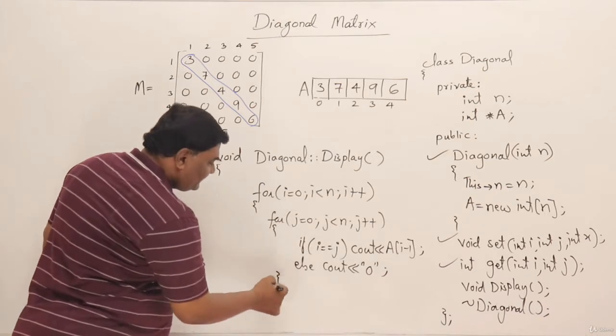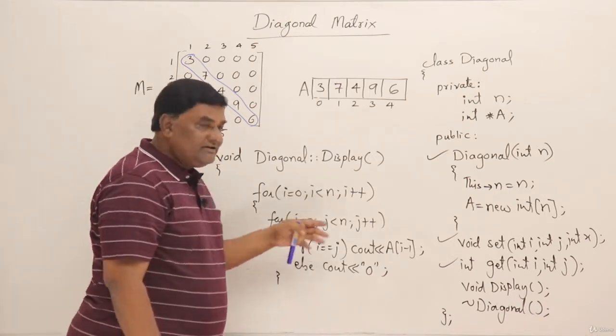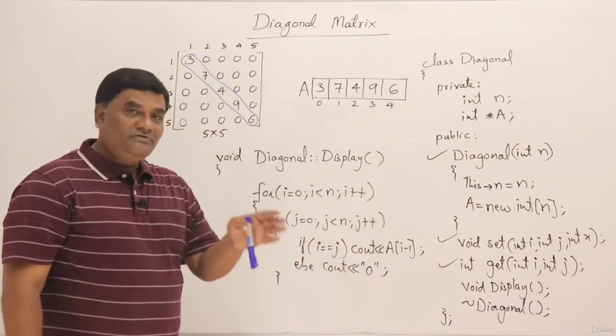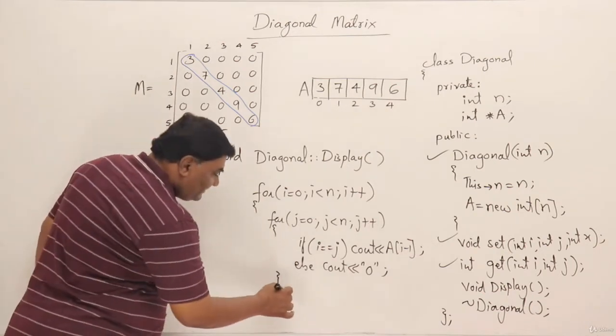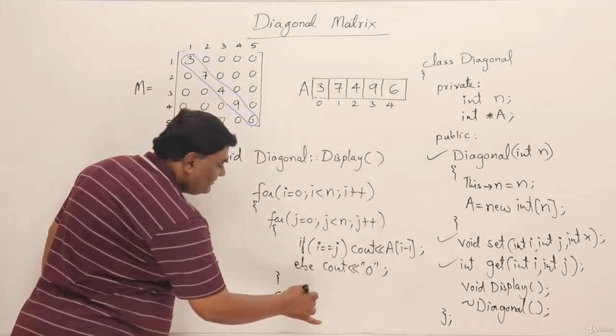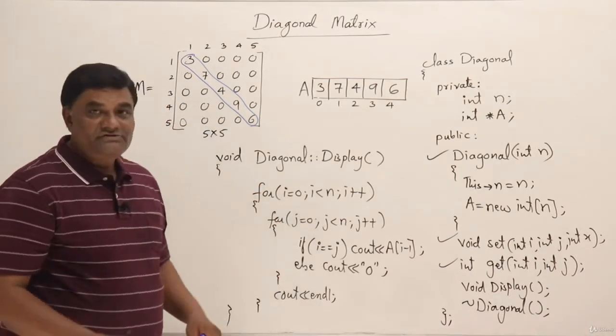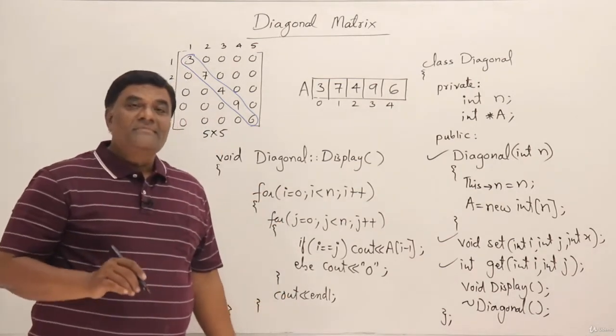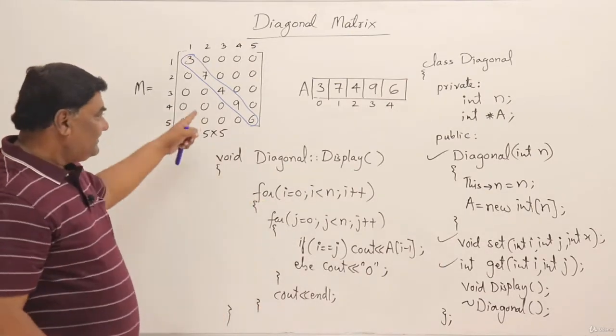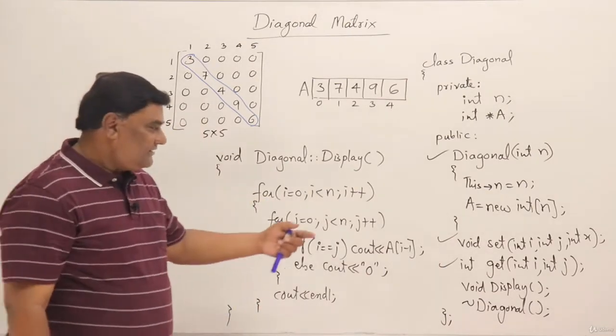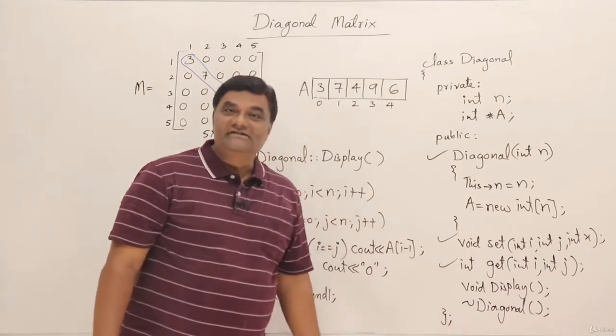Then close this one. This for loop will display one row, and after every row I should go into the next line, so cout endl. Then close the for loop and close the function. So this function using two for loops will display a two-dimensional array like this.